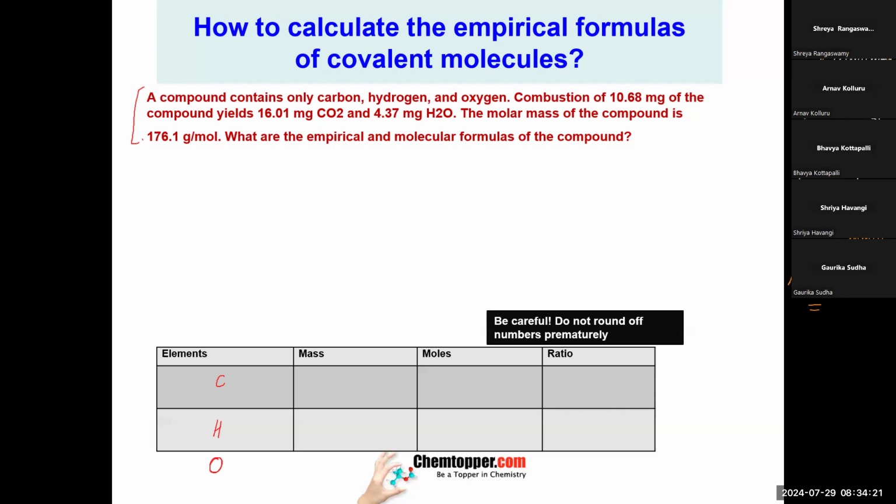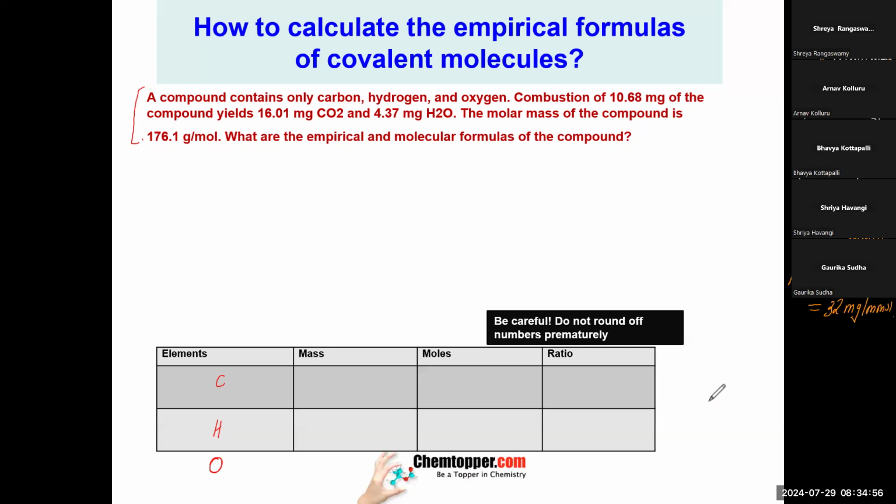Answer it. Again, Shreya H and Shreya R are first. What about the rest of you? Yes, Arnav, very good. Gorika, you're understanding this? Yes, very good. So you have understood the meaning of this? Okay, fine. So this is 32 milligrams per millimole.